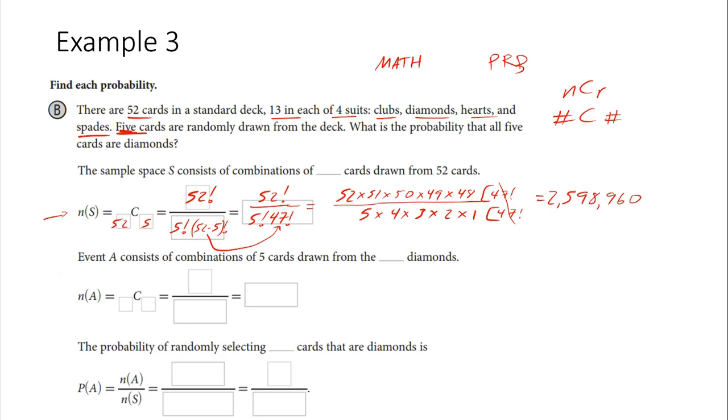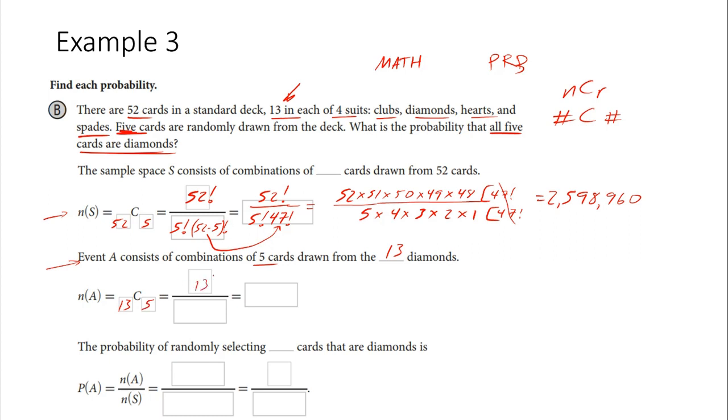Now, event A. What is the probability all 5 cards are diamonds? So we're talking about a flush, a specific hand that is a pretty strong hand. Something is better than nothing. Each suit is 13 cards, so we have 13 diamonds total. What are the odds where we draw 5 of them?